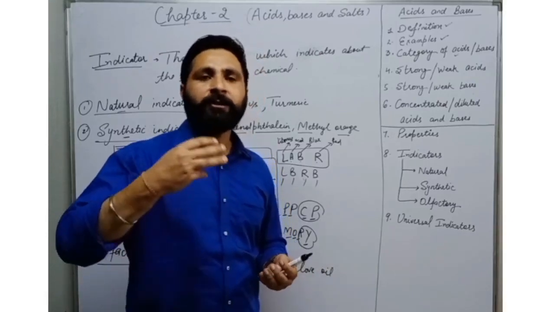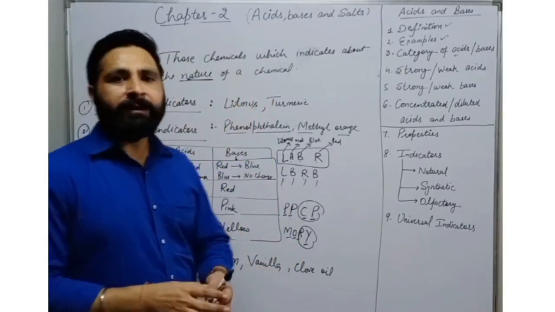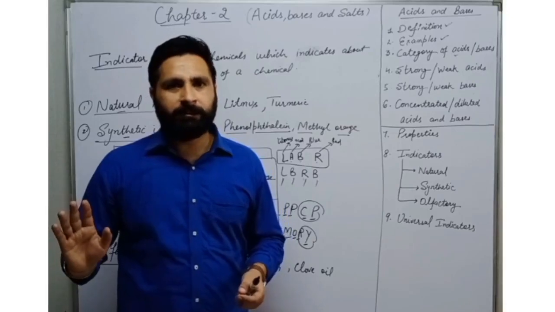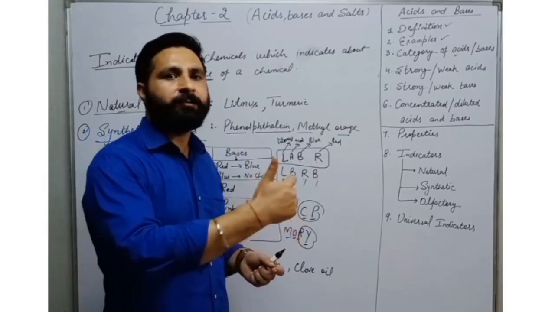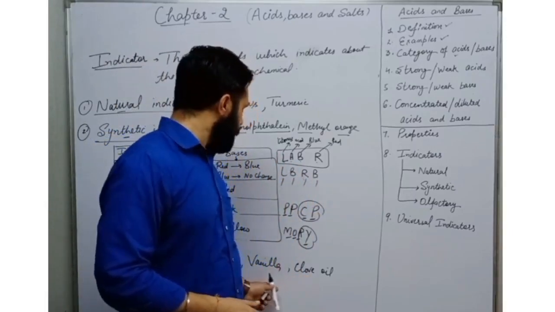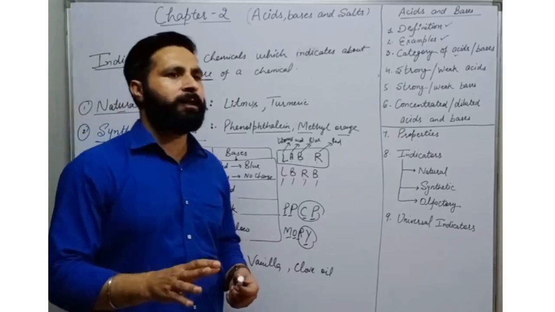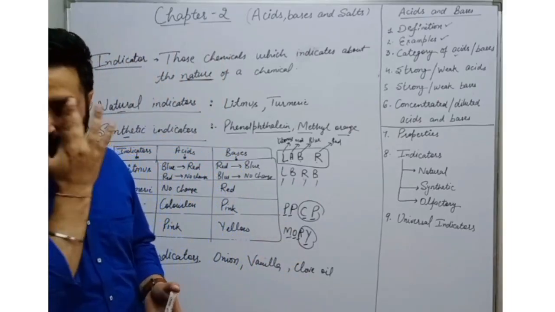So it means you are having three types of smells of onion. First, when it is simply onion, smell is there. Then in acid its smell is changed, and in base its smell is changed. Same for the vanilla and clove oil. So you just need to know about the definition and example of the olfactory indicators.